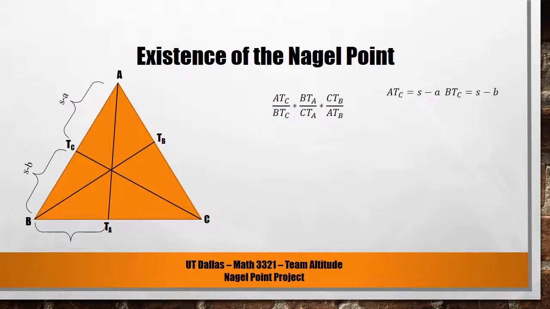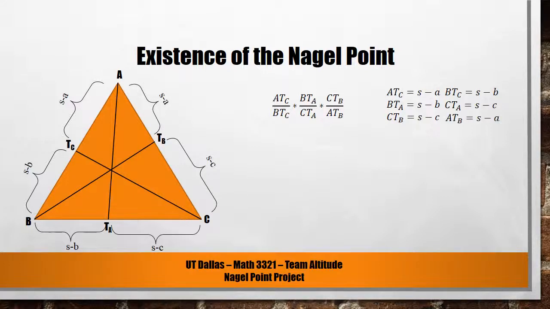In the same vein, the line segment BT sub A is going to have a length of S minus B, and we jot that down. Again, the length of line segment CT sub A is going to be S minus C, and we write that down. Also the same way, the line segment CT sub B is going to have a length of S minus C, and we jot that down. To finish off, the line segment AT sub B is going to have a length of S minus A, and we finish off our chart with that.